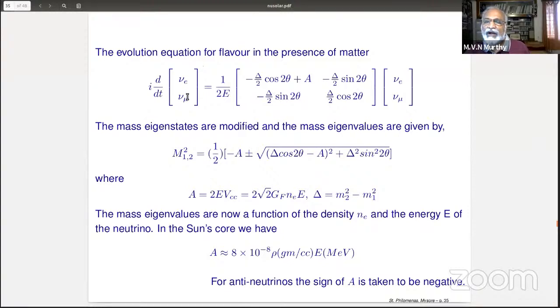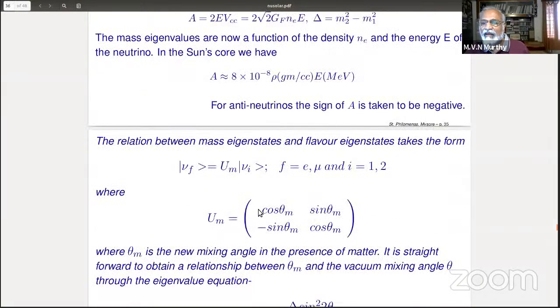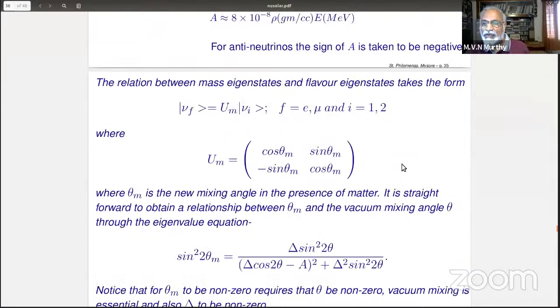So to find out the time evolution of this nu e and nu mu, we have to solve this equation by diagonalizing in the basis and determine this mixing angle. Like before, inside matter, we write the flavor state in terms of a unitary matrix U in matter times the mass eigenstates. Here F stands for e, mu flavors, and i stands for mass eigenstates 1 and 2 in matter, and this UM is a unitary matrix.